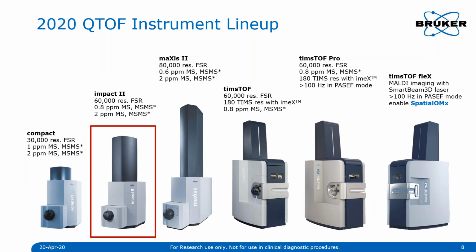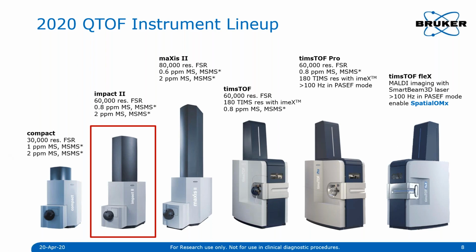The instrument of choice for this particular project was Bruker Impact II. It's a high-resolution system, well suited for this kind of application. It's a mid-level workhorse with resolution of 60,000. And on this slide, it is shown among other instruments from the 2020 Bruker lineup, right here in the square.